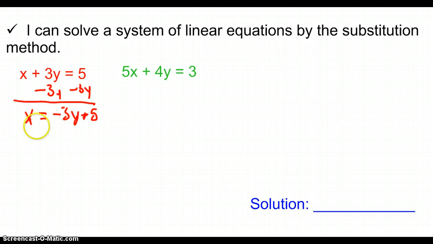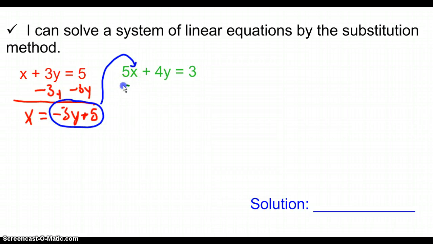Now that x is by itself, I can take the expression negative 3y plus 5 and substitute that in place of x.